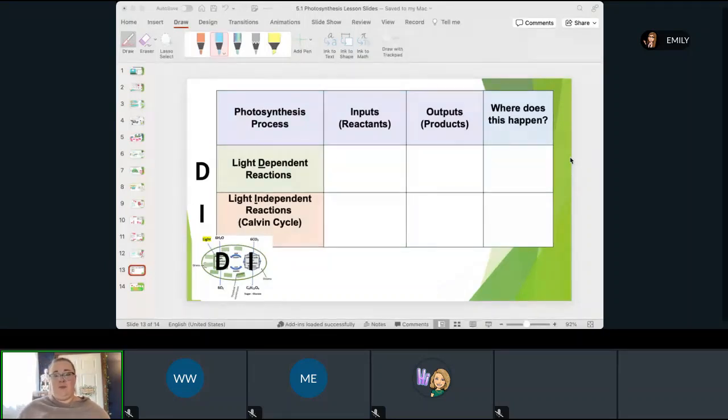What are my light dependent inputs, or ingredients? I'm not going to give you guys the answers. You're going to have to help fill this chart out.